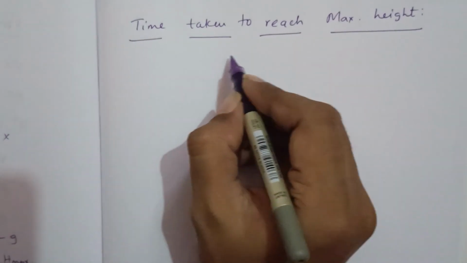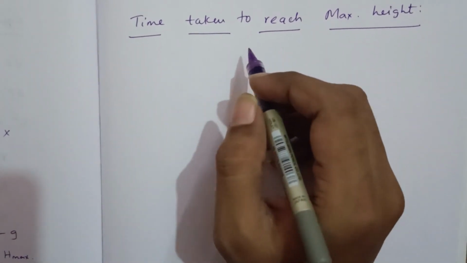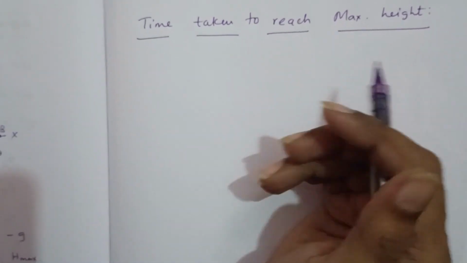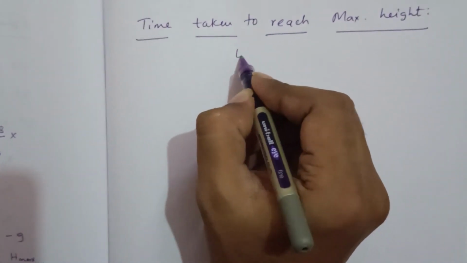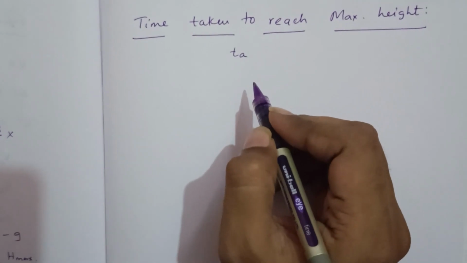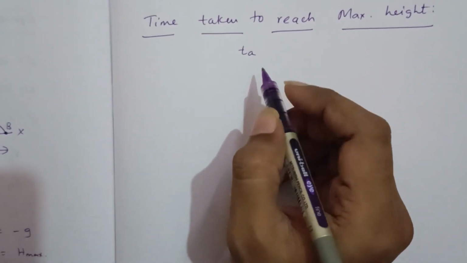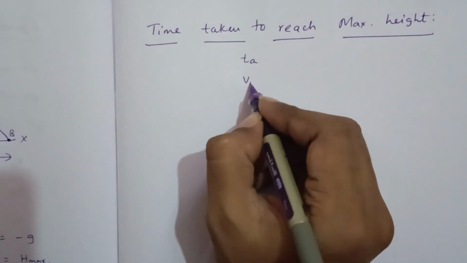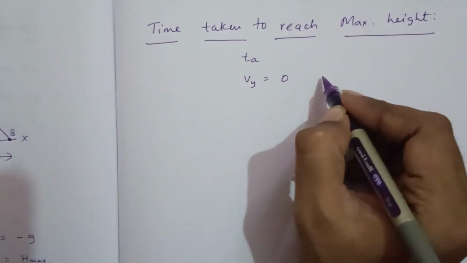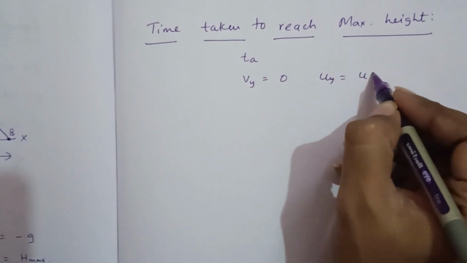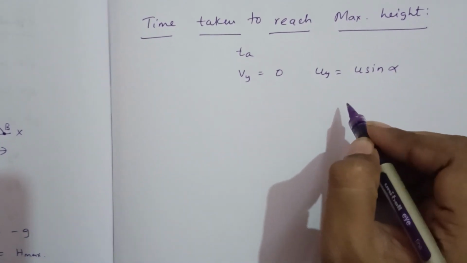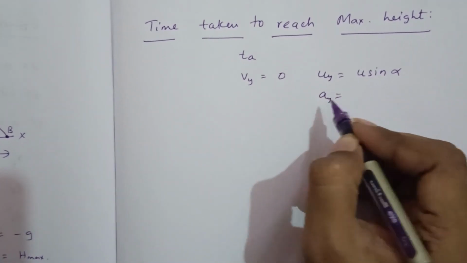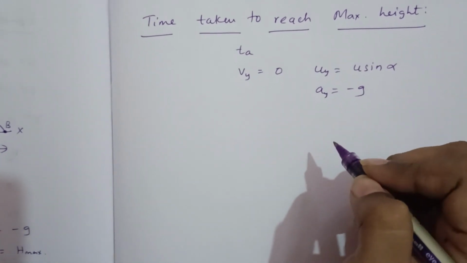Now time taken to reach maximum height. Time of ascent. That we will calculate now. As it is going upward, at maximum height we have already seen Vy equal to 0, Uy equal to U sine alpha, and a equal to ay equal to minus g.